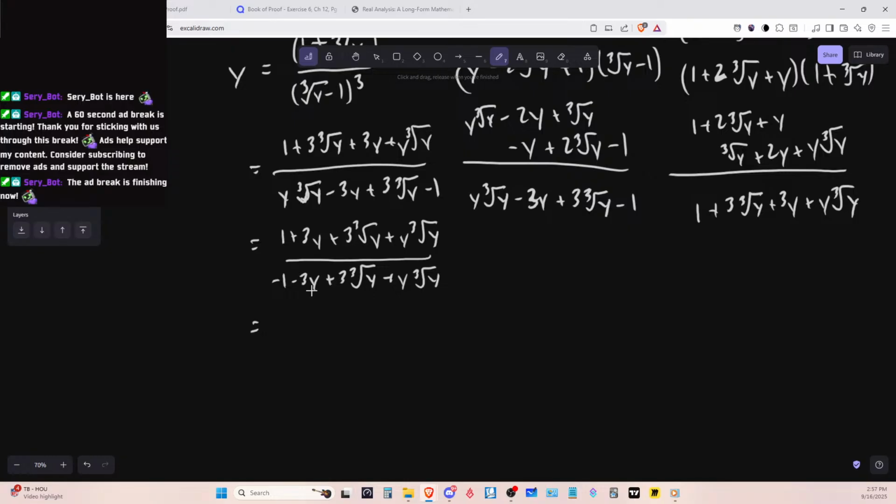The one issue is this part here, because it's just a negative version of this. Because we can group these, 3 plus y, and then for this one we can group it like this, plus.